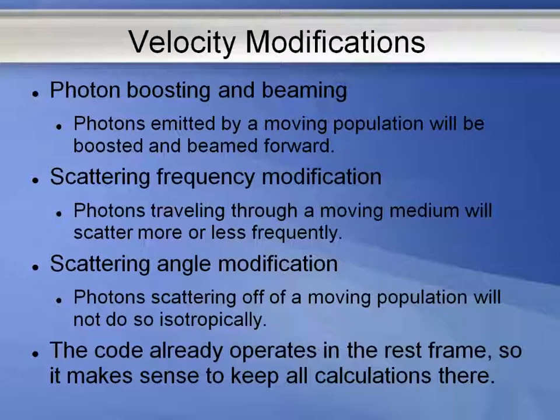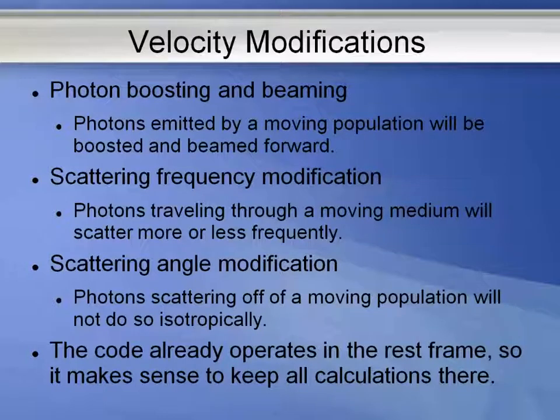Now, once the emission has happened and photons are propagating through the region, there's a scattering frequency modification that needs to be taken into account. That is, with a moving medium, photons will scatter more or less frequently depending on the direction they are flowing, whether it's head-on or they're following the plasma. And I'll get into the math of that in a moment. And then thirdly, a scattering angle modification.